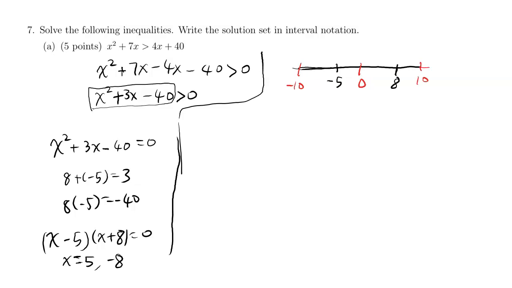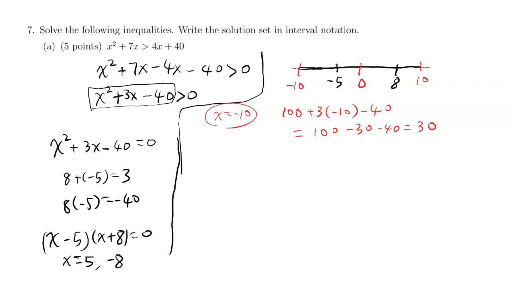Alright, for x equal to -10: -10 squared is positive 10 squared, because the negative goes away if you square it. 10 squared is 100, so you get 100. And then 3 times -10 minus 40, so that's going to be 100 minus 30 minus 40, which is positive 30.